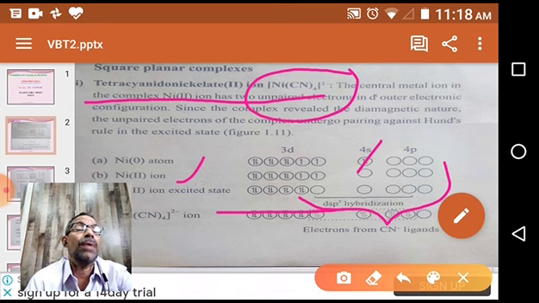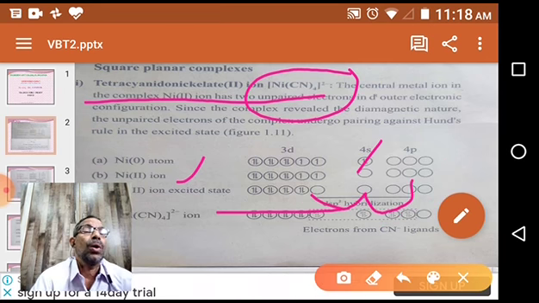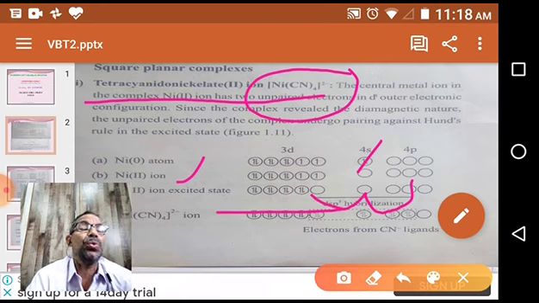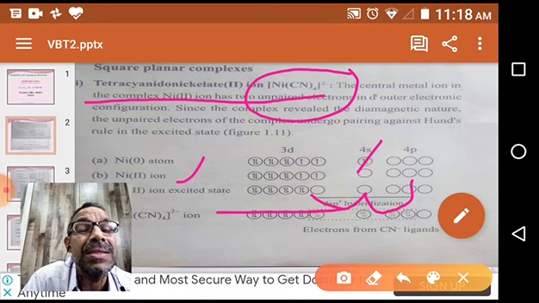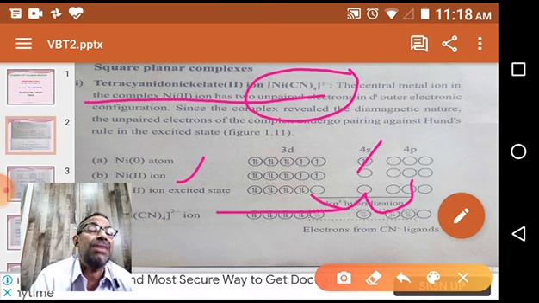So one s orbital, one d orbital, and only 2 p orbitals, not 3. The 4s orbital, one d orbital, and 2 4p orbitals intermix to give equivalent dsp2 hybridized orbitals. We know dsp2 hybridized orbitals arrange in a square planar geometry.